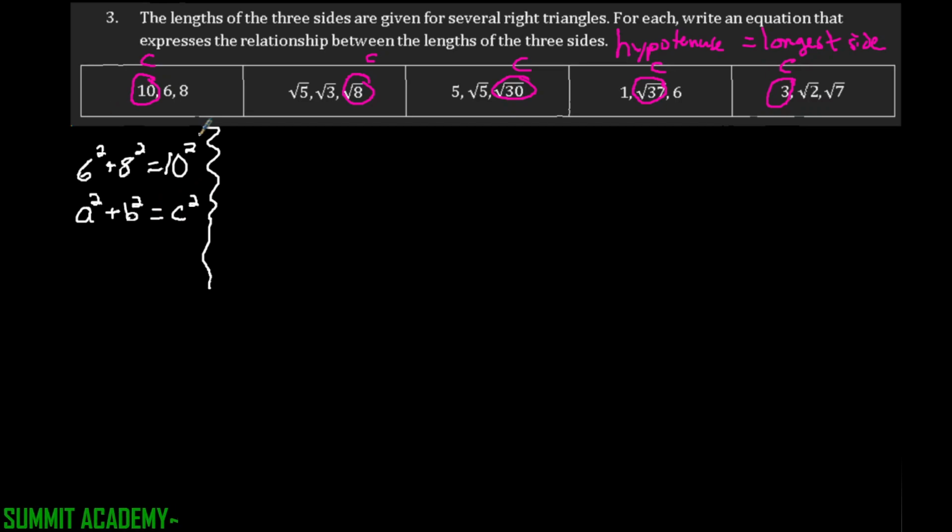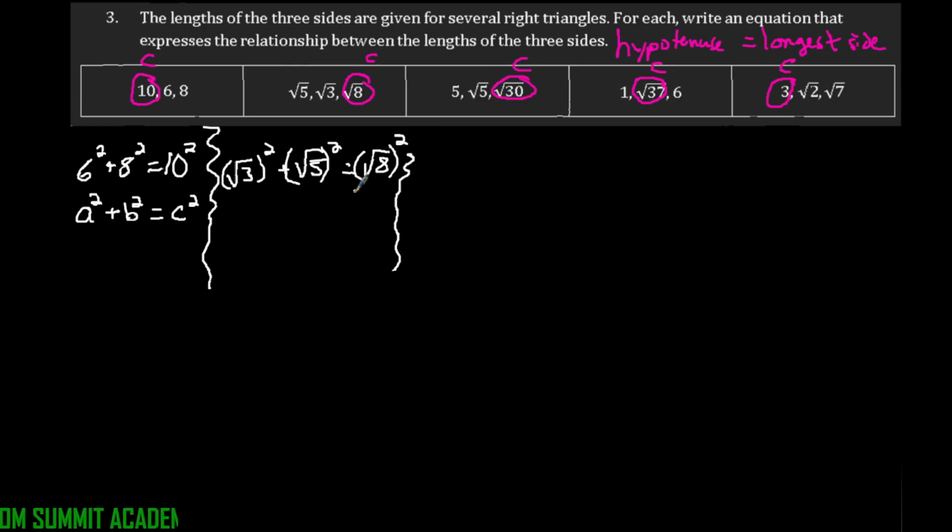For the second one, we have the square root of 3 squared plus the square root of 5 squared equals the square root of 8 squared. It gets a little messy in here, but that's okay. As long as we know that the hypotenuse is that longest side, we'll be good.